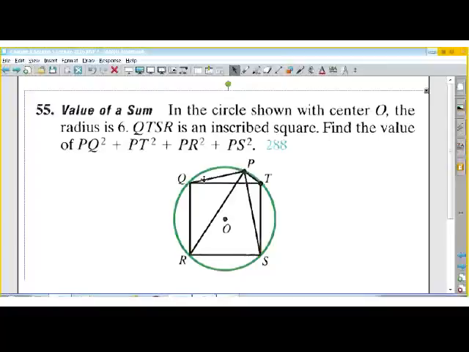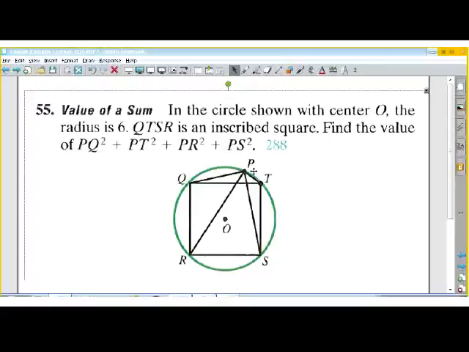Find the value of P, this is the length of this line segment, PQ squared plus PT squared plus PR squared plus PS squared. So it's basically this length squared plus this length squared plus this length squared plus this length squared.